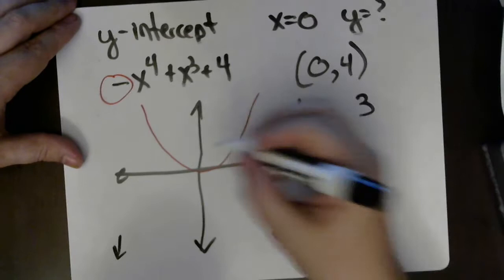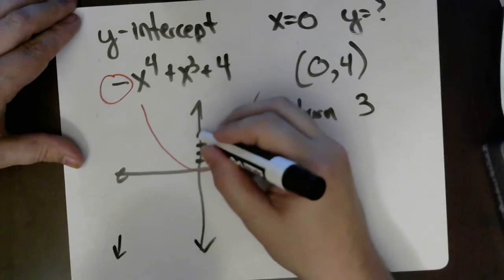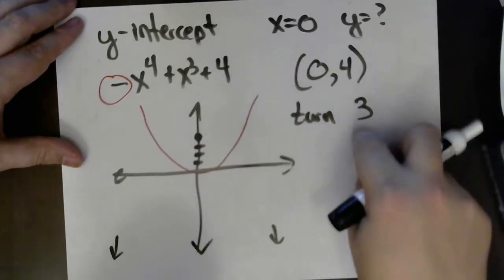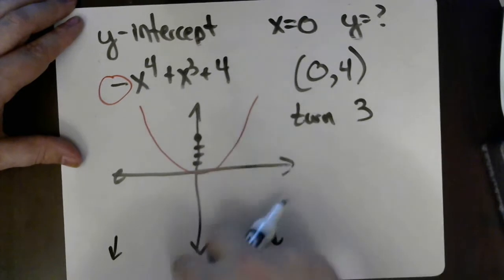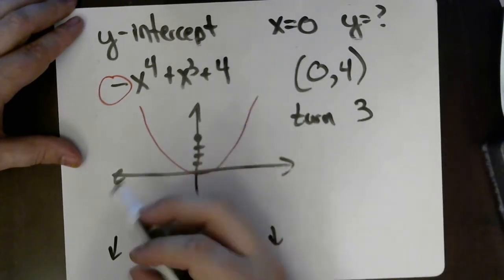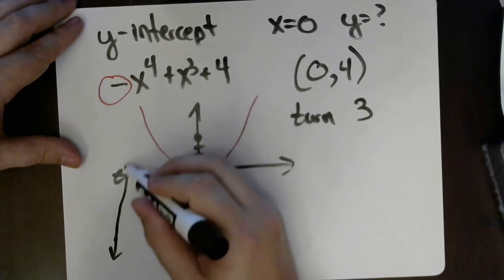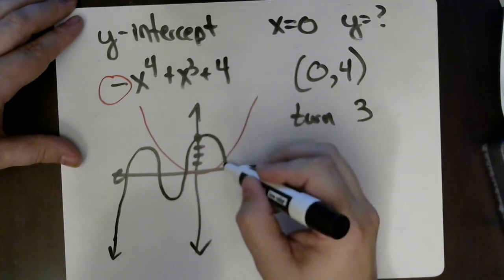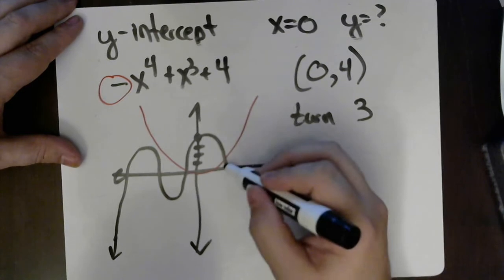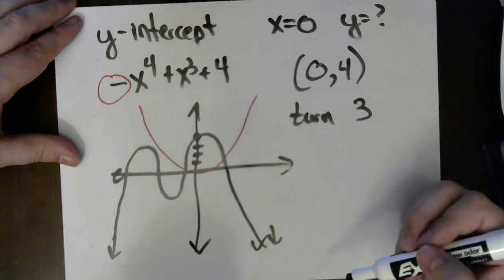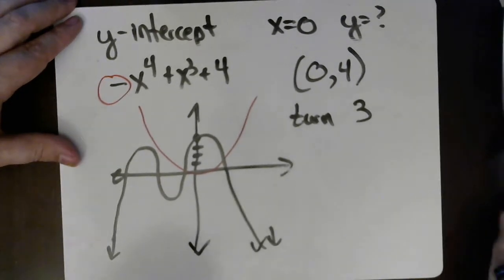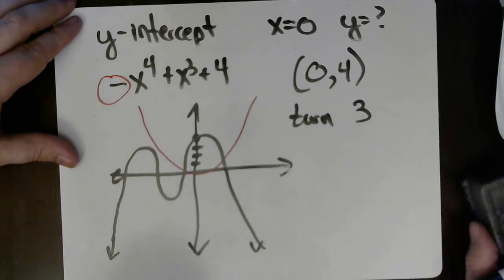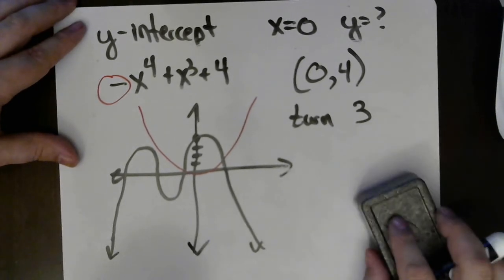So now let's just plot the point. 1, 2, 3, 4. It's about right there. And we have to turn 3 times. Again, it doesn't matter where you do it as long as you get there. So 1, 2, 3, and then we go down. Pretty simple.